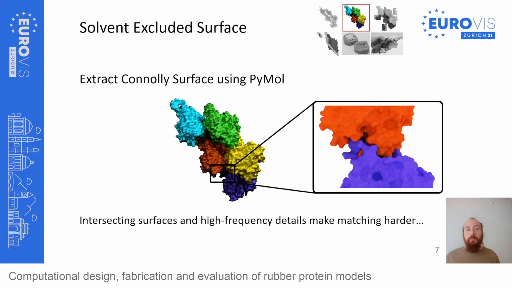And so, since we are really interested in providing a good metaphor to visualize and teach the subunit assembly, we want those surfaces to perfectly match together, sacrificing a bit of accuracy in the surface reproduction.